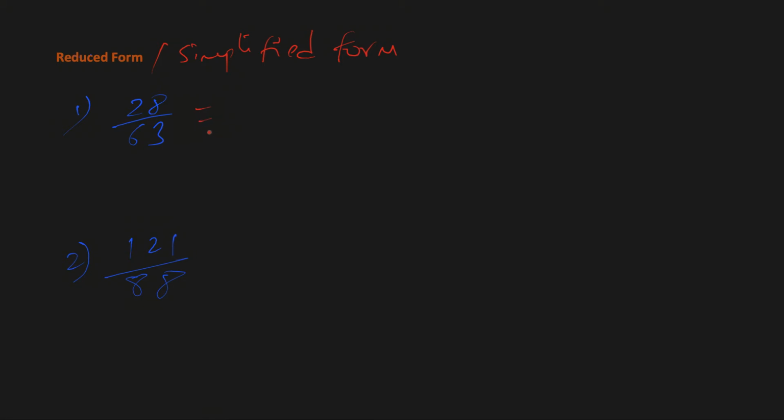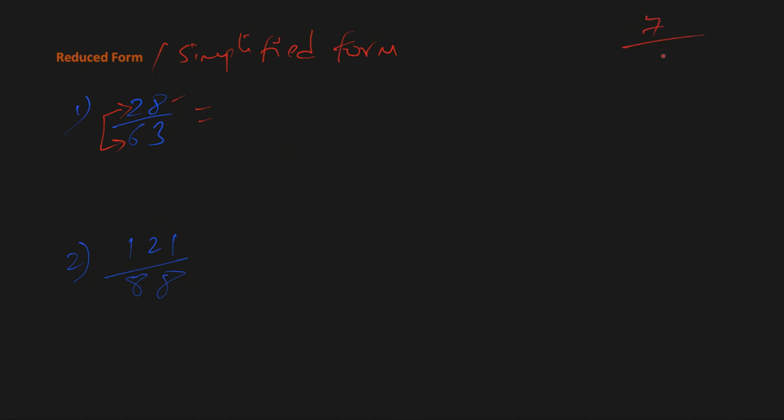The first step would be, again, to find a number that has both these numbers in its table. And that number is 7.